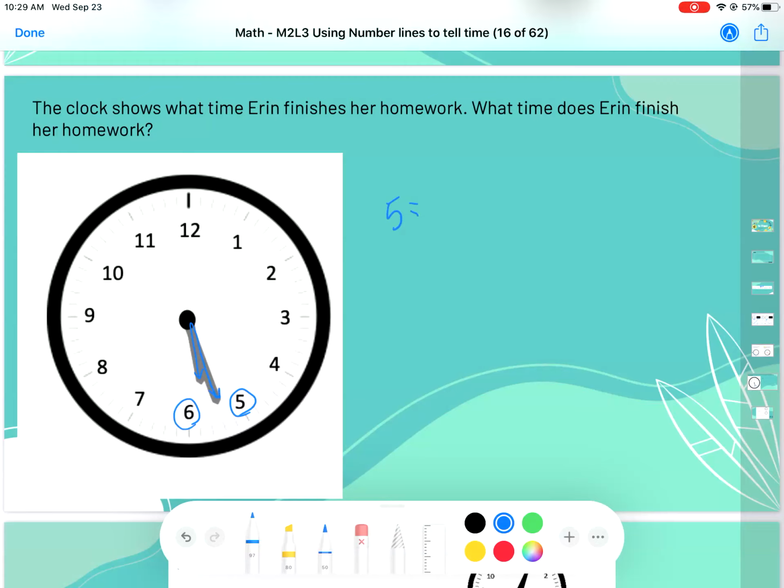And when I look at the longhand, it falls somewhere between 6 and 5 once again. However, we know that this is 25, and then move 2 to the left, which is 27. And we need to write down 27. a.m. or p.m. we don't know, so this is all we need to indicate.